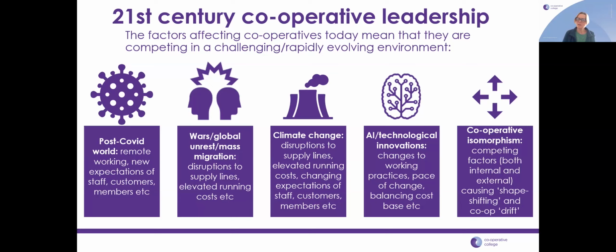And then one of the important aspects as well is thinking about cooperative isomorphism. So thinking about how there are so many different competing factors influencing the ways that a cooperative operates. These forces will be coming from both the internal environment and the external environment, which then causes co-ops to shapeshift.